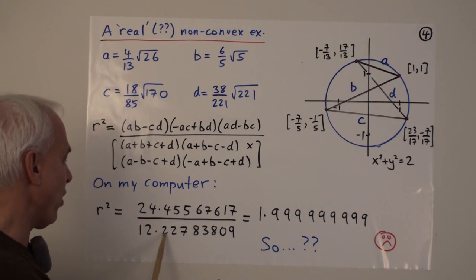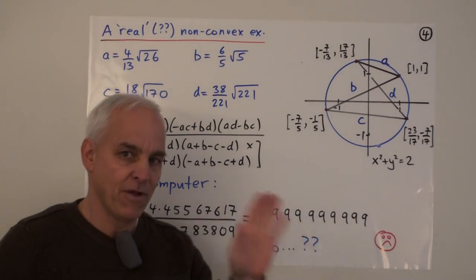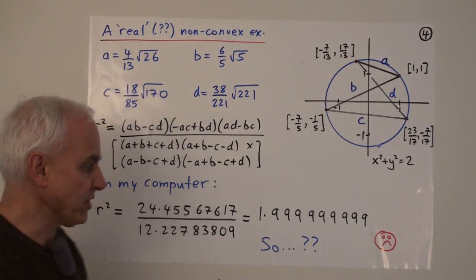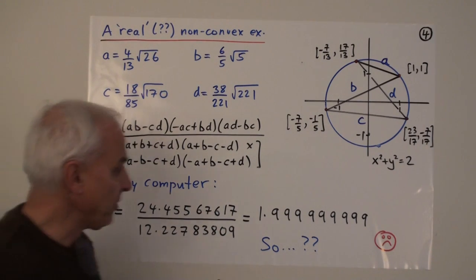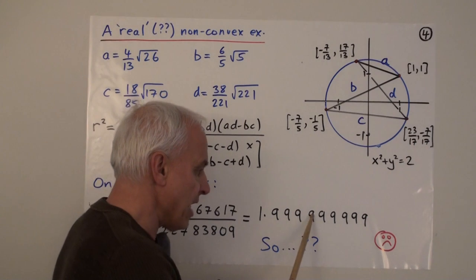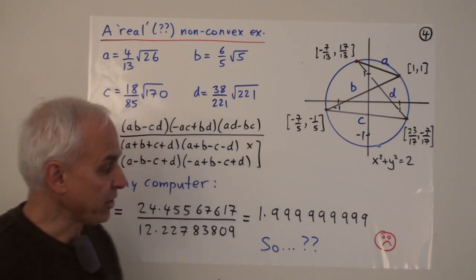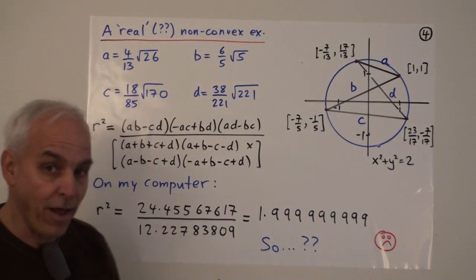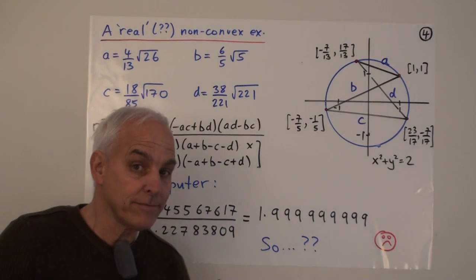The denominator 12.227838009, and of course I've left off all those other trillions of digits. And then when I ask my computer to evaluate this quotient, it tells me that the answer is 1.999999999, from which I conclude that this is a pretty good formula, but is it actually correct or not?